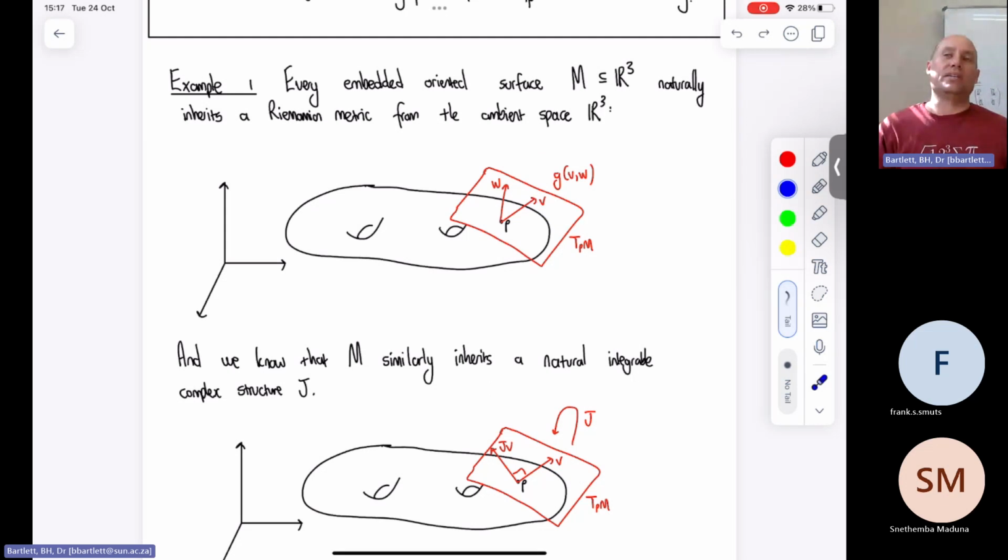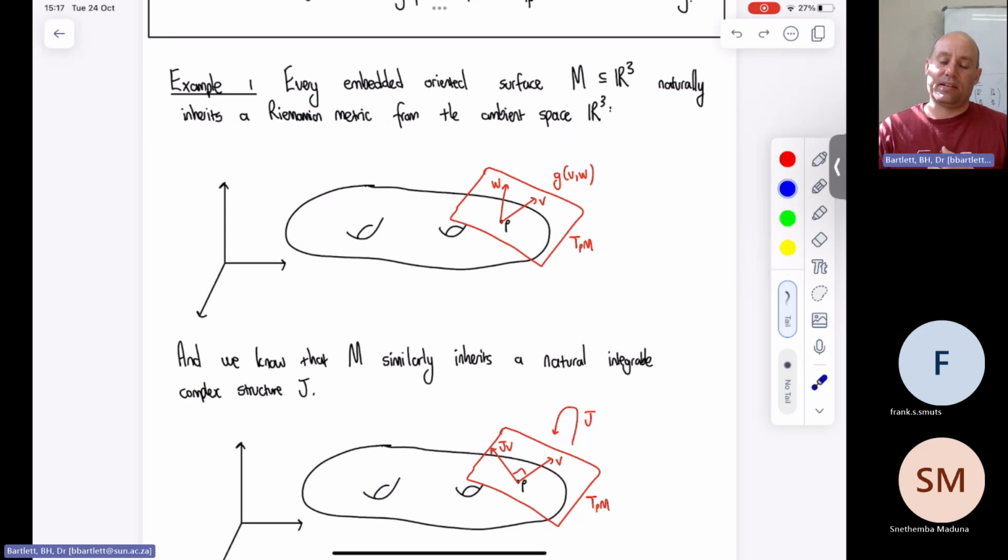So the question is, is the Riemannian metric compatible with the complex structure? And yes, that's true, because this map J, we want it to be an isometry. And that is true because if I rotate by 90 degrees, then it preserves all inner products, right? So J is an isometry, so this metric is indeed compatible with J.